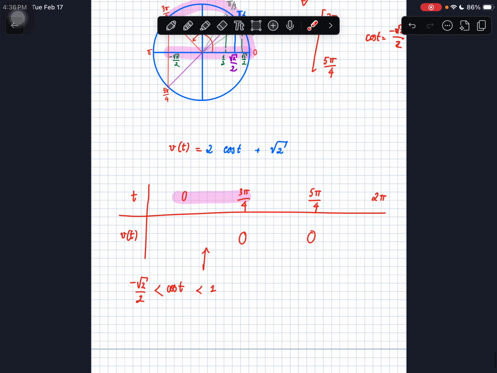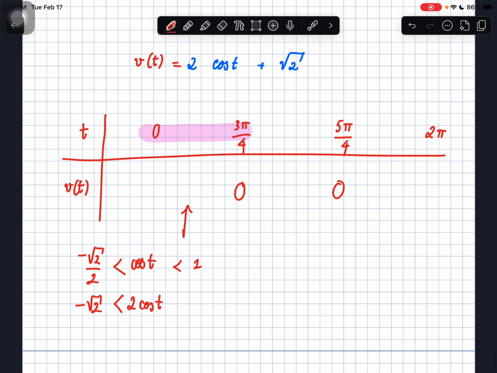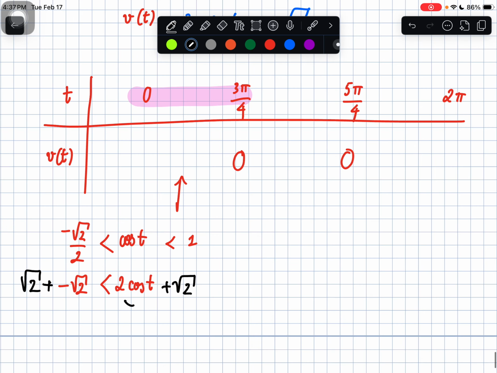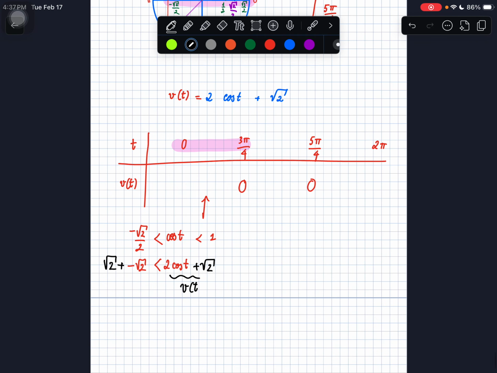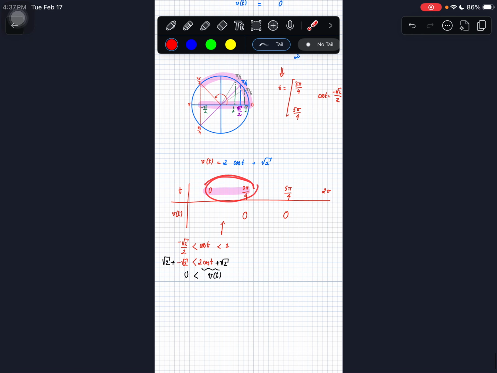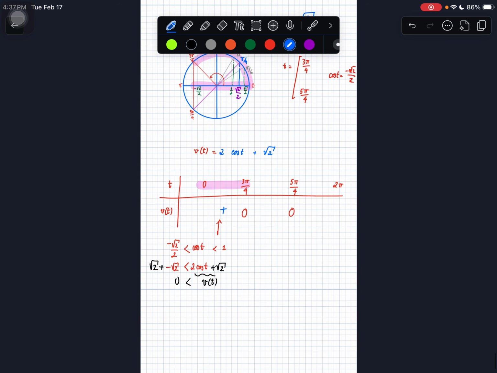So 2 times cosine t is bigger than minus root 2, and then you add root 2. You get velocity bigger than 0. So velocity is positive on this entire interval.